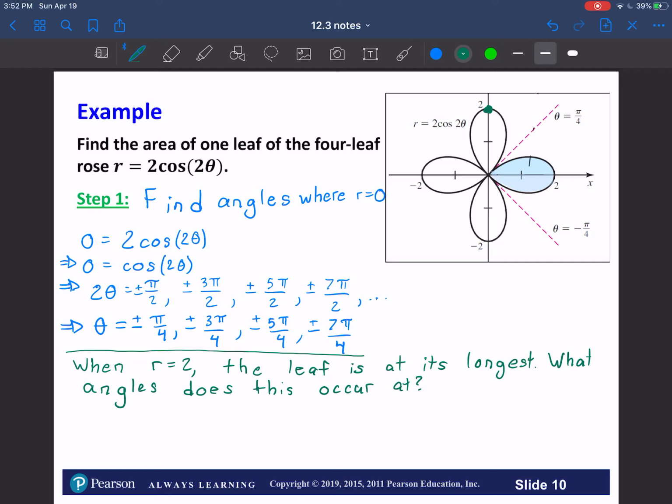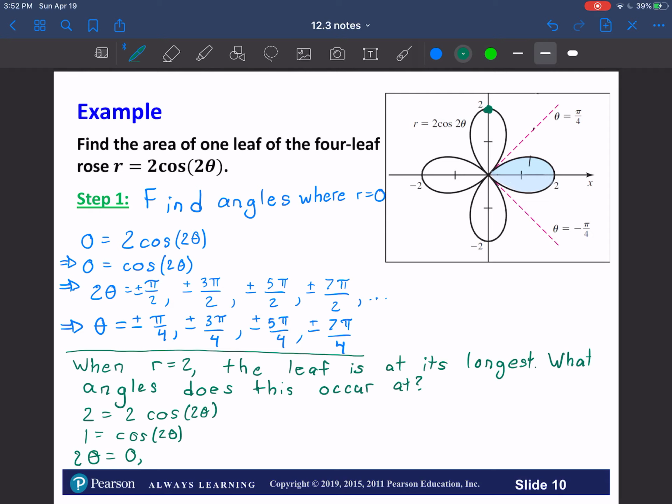All right, so if we were to instead do the calculation 2 equals 2 cosine 2 theta, divide both sides by 2, we would get 1 equals cosine of 2 theta. That means that 2 theta must equal, let's think about the values. Cosine of what angle gives us 1? Well, that certainly occurs at 0.